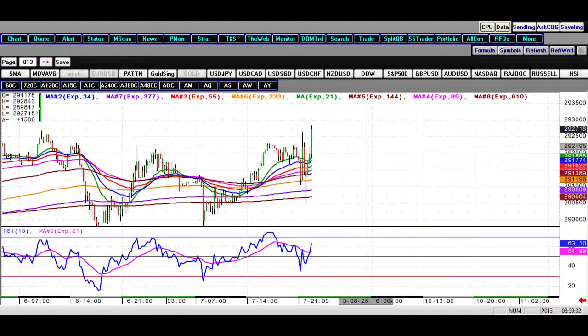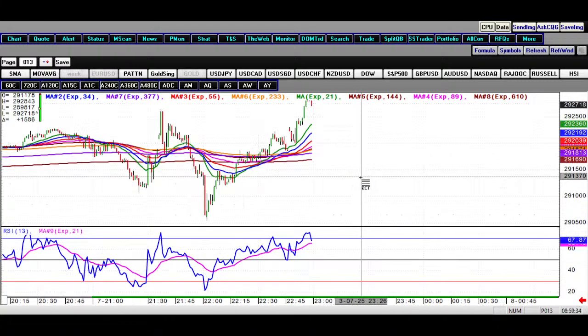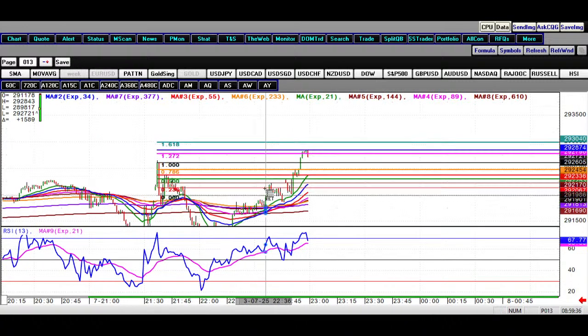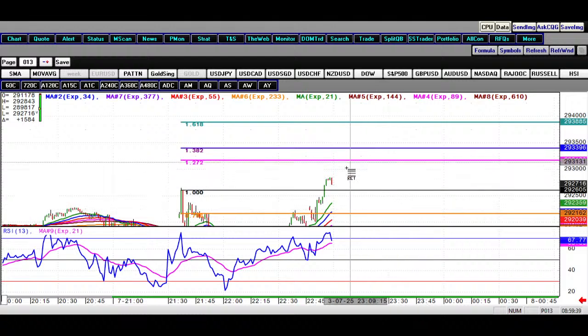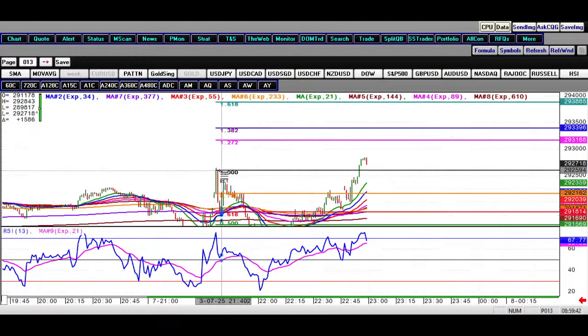Or if it breaks, then this is going to be a different outlook. So most likely 28, 30, 31 should be the price capping too.